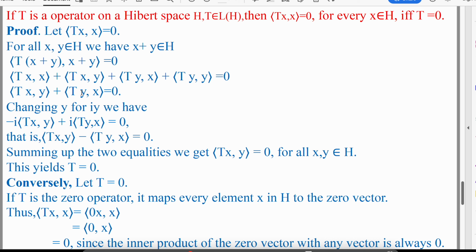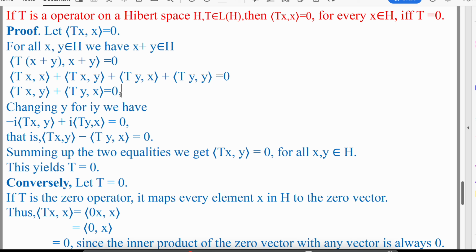And the inner product of T iota y with x is equal to iota times the inner product of Ty with x. If we divide by minus iota, it will be the inner product of Tx with y minus the inner product of Ty with x equal to 0.